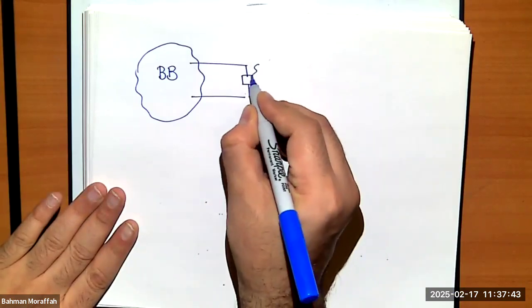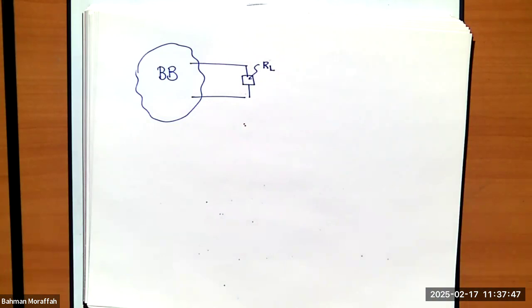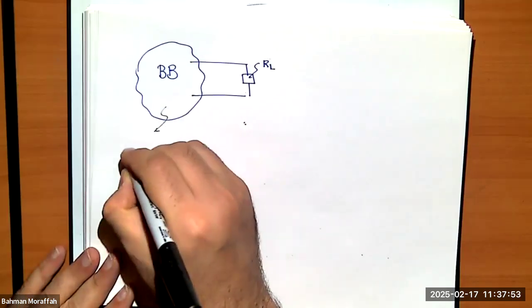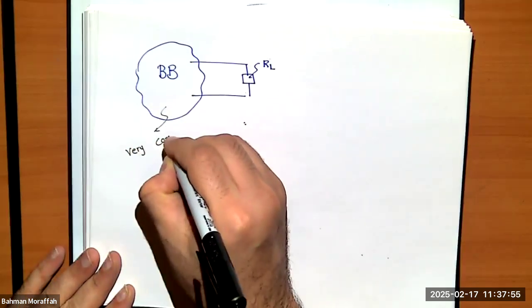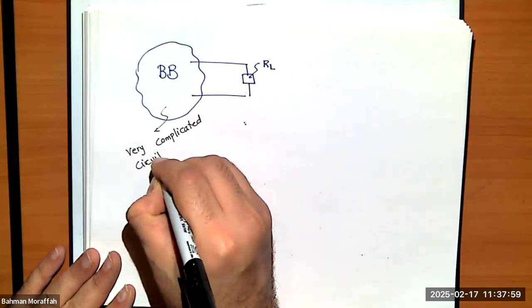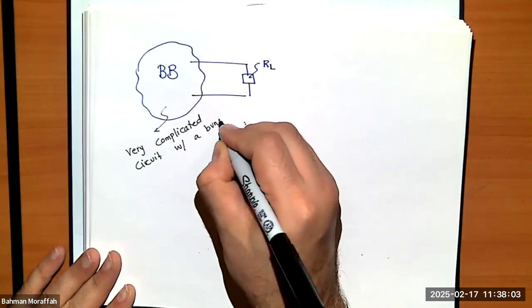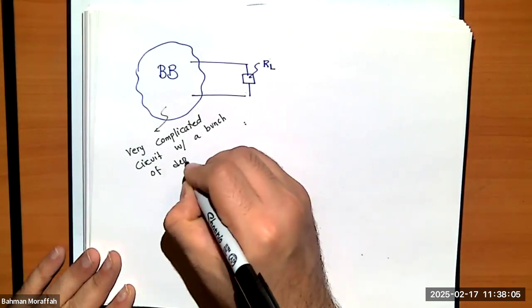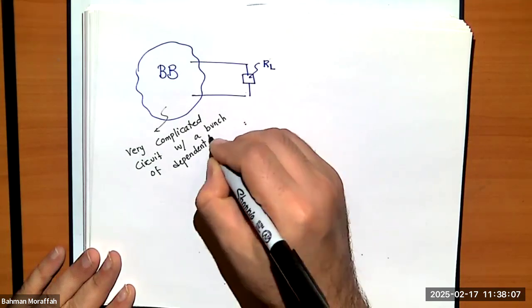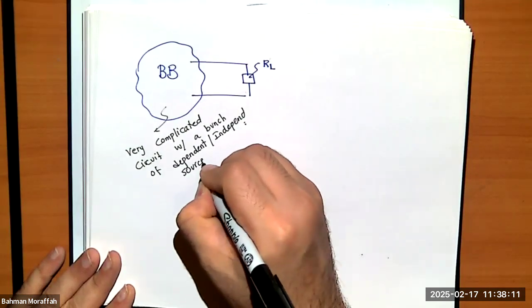Let's say this is, for example, a resistance RL. Let me write down: this is a very complicated circuit with a bunch of dependent and independent sources in it.